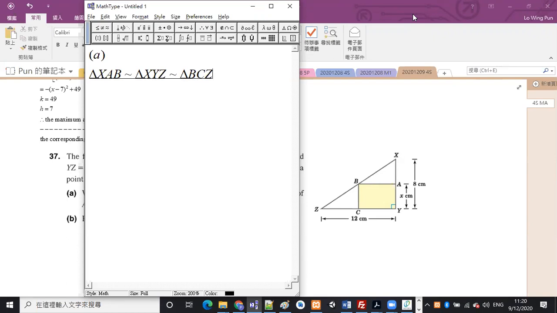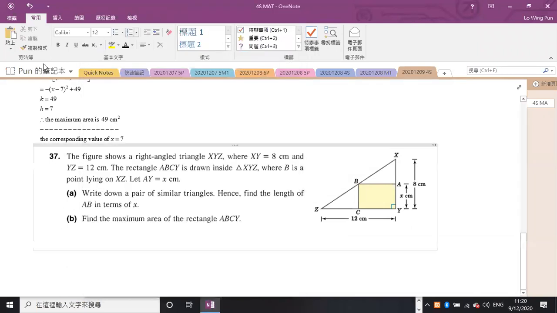Because of the rectangle of the 90 degrees, and then the opposite sides of the rectangles are parallel. Okay, and then we will have two pairs of parallel sides, and then we will have corresponding angles of parallel sides. So these three triangles will be similar triangles. 咁你試下揀兩個嚟寫得㗎啦。And reason should be AAA.